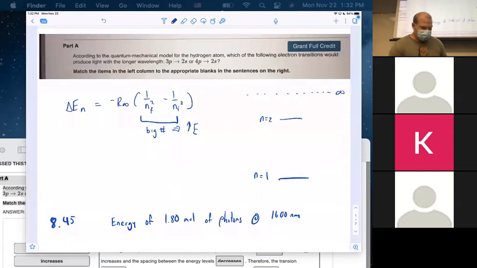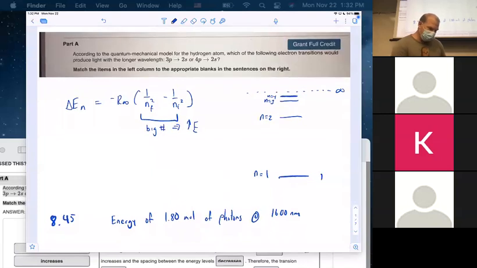Because n equals 2 is going to be 1/4, so 1 over n squared. The next one, n equals 3, is going to be 1/9. N equals 4 is going to be 1/16. So you can see with this trend, this is 1, this is 1/4, 1/9, 1/16, right?